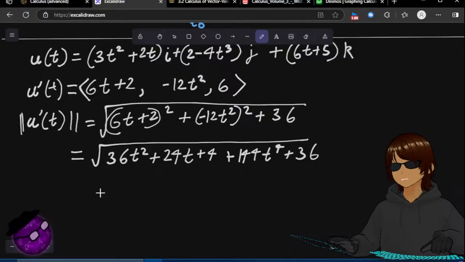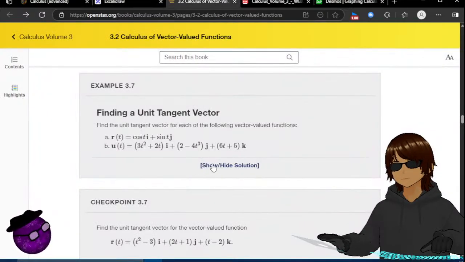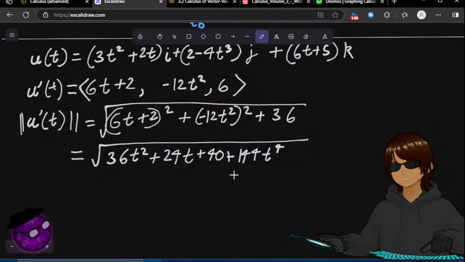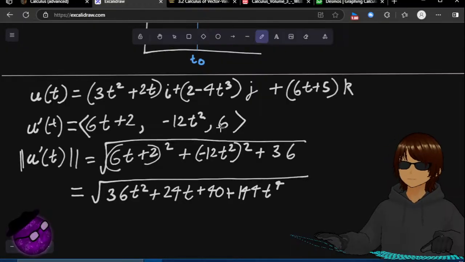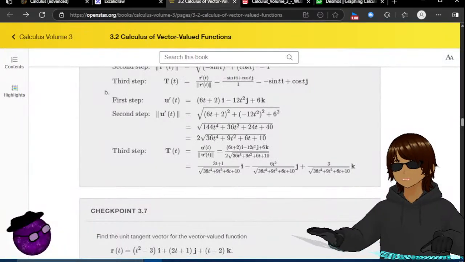So the unit tangent vector would be this divided by this, right? I can add 4 to 36 to get 40. Or is that correct? 4 to 36. 6 times 6. Why does it say 10?